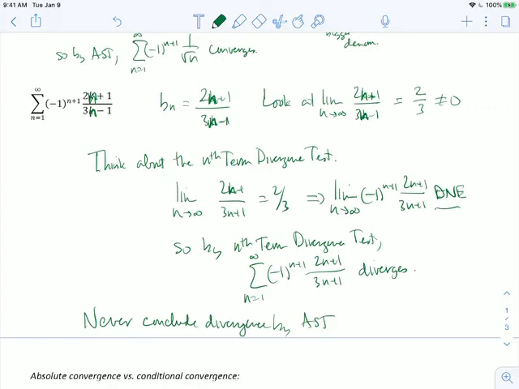So if the limit of b sub n is equal to 0, then the alternating series converges. But if the limit of b sub n is not equal to 0, then the limit of (-1)^(n+1) b sub n doesn't exist, and so the nth term divergence test kicks in. And so we're generally speaking going to be either concluding convergence by the alternating series test or divergence by the nth term divergence test when it comes to alternating series.